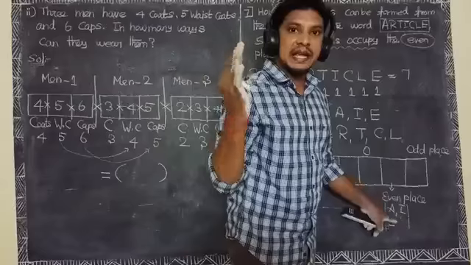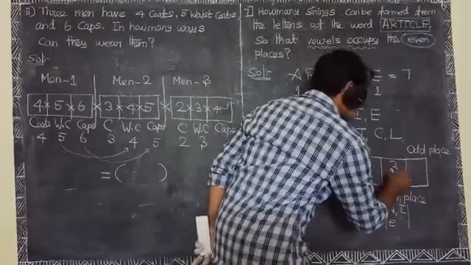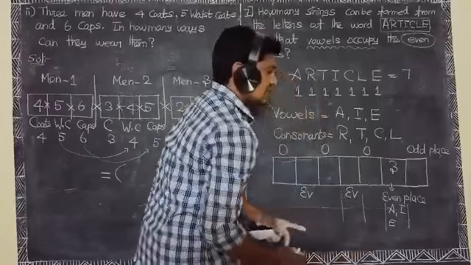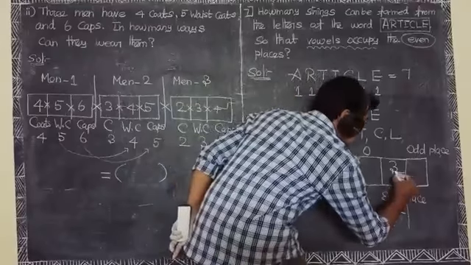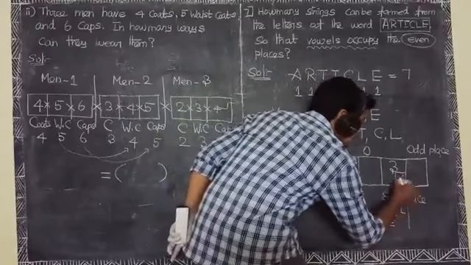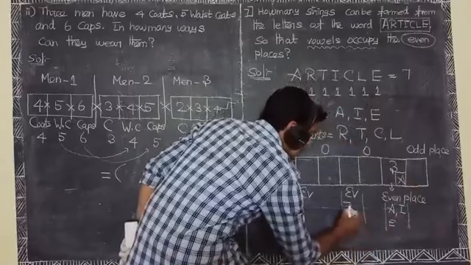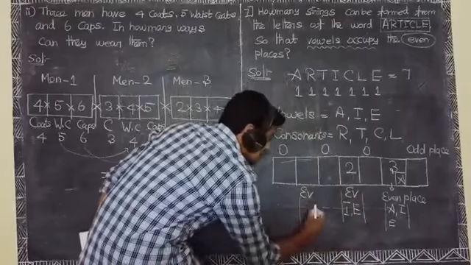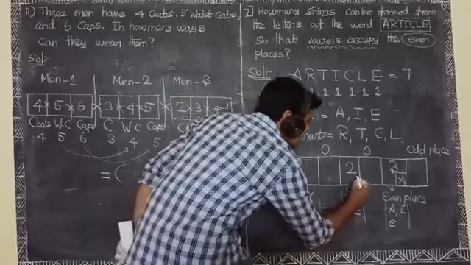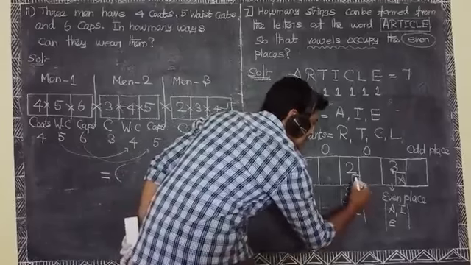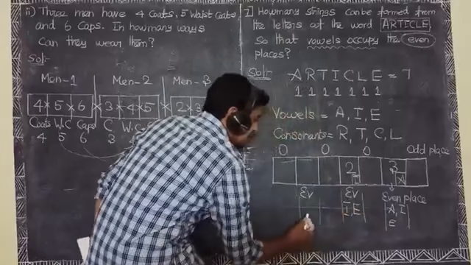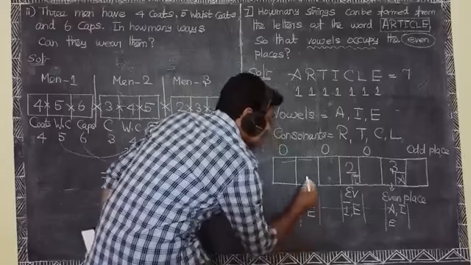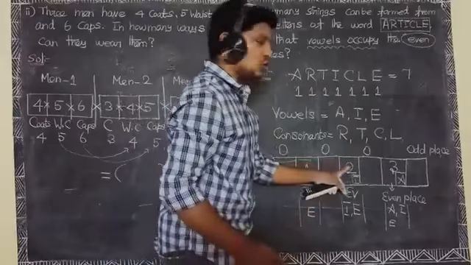Here 3 chances. In the next even place only 2 chances. For example, if in this position the letter is A, then the remaining letters are I, E, only 2 chances. In the next even place only 1 chance. For example, if the letter I is occupied, the remaining letter is E, only 1 chance, that is 3 into 2 into 1.